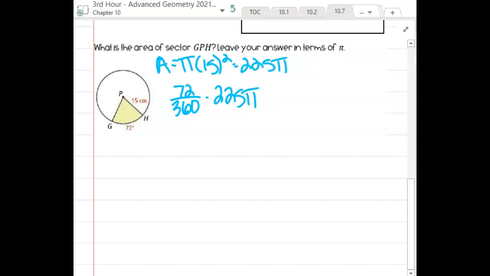If you plug this into your calculator, you do 72 divided by 360 times 225. It should give you 45. We're not plugging pi into our calculator. This would be an exact answer, 45 pi centimeters squared. And that's what it is.